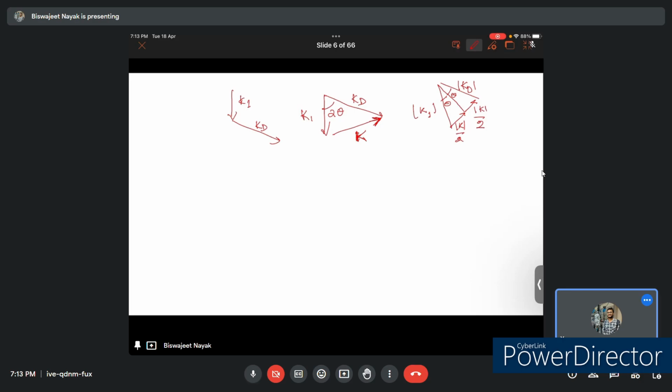So this K vector is given by kd minus k1 from simple vector addition. This K is called the change in k, small k, due to diffraction.